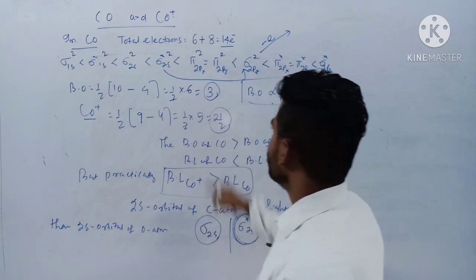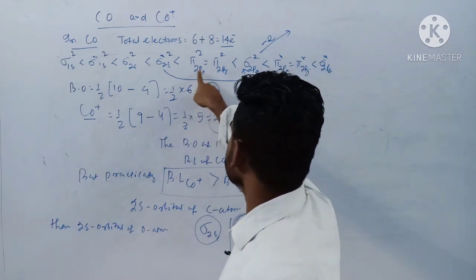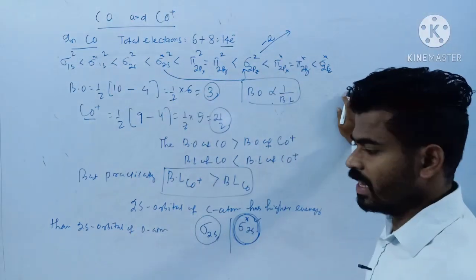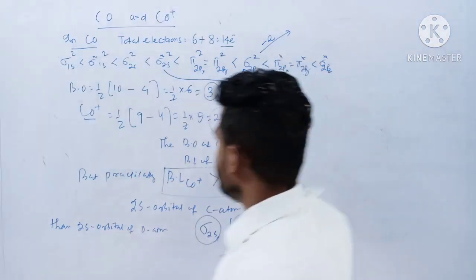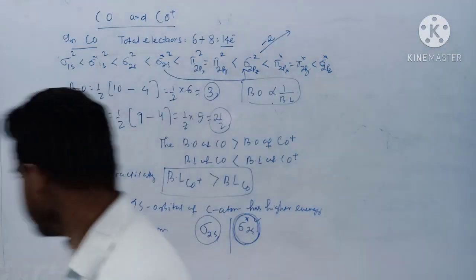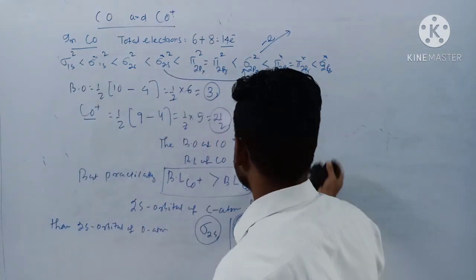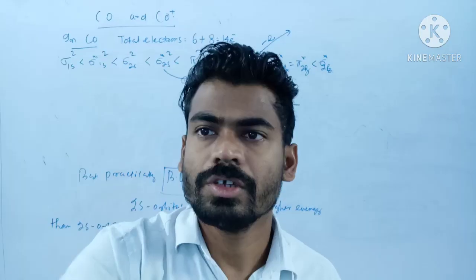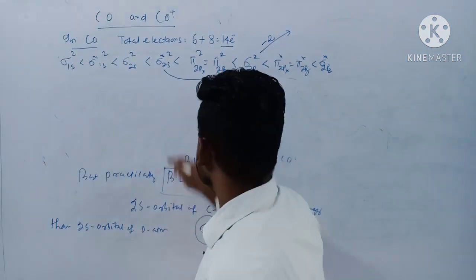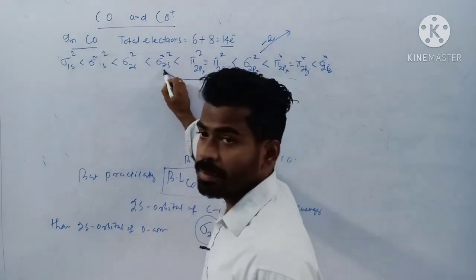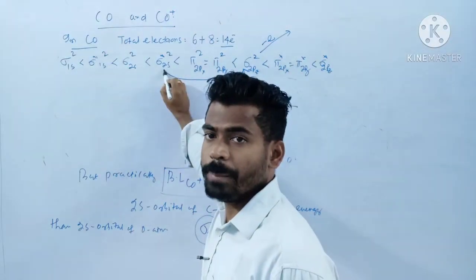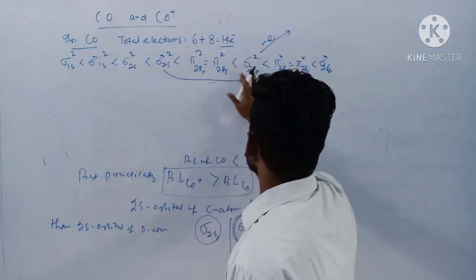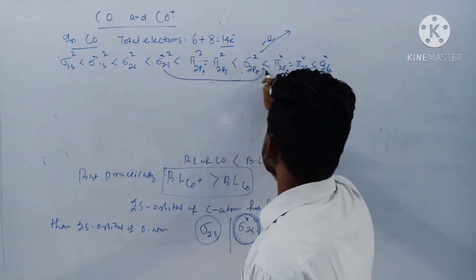Okay, so even after this pi 2px and pi 2py, the configuration is changed. Let me write down the configuration. So due to this reason, the antibonding sigma star 2s becomes highly energetic, even it can overcross your sigma 2pz.